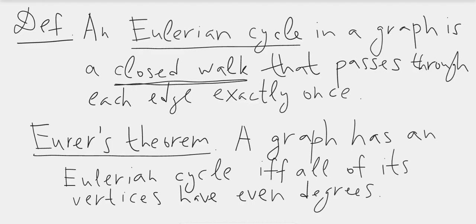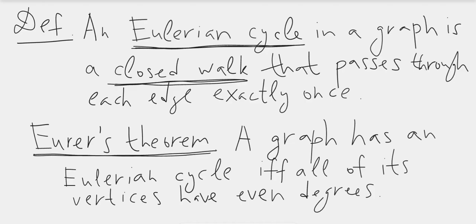That's basically the difference between a cycle and a closed walk. Properly speaking, we would need to call it an Eulerian closed walk, but it's already an established term to call it an Eulerian cycle.